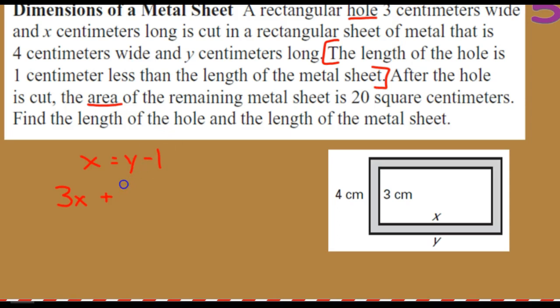So it would be 4 times y equals the area of the remaining metal sheet is 20 square meters. So we take that 20 and set that equal. So we're going to take y minus 1, plug that in for x.